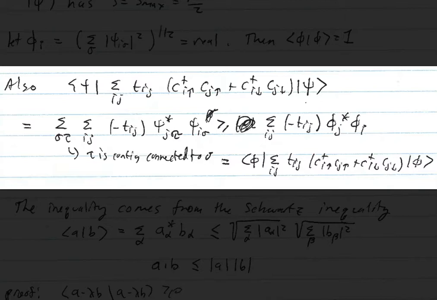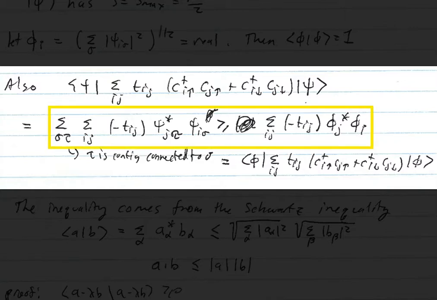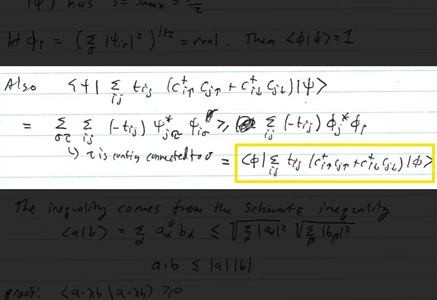I have to sum over all of those. The claim is that this is larger than or equal to the sum over ij of minus Tij phi j star phi I. Note that the term on the right-hand side is just the variational kinetic energy of the state phi.